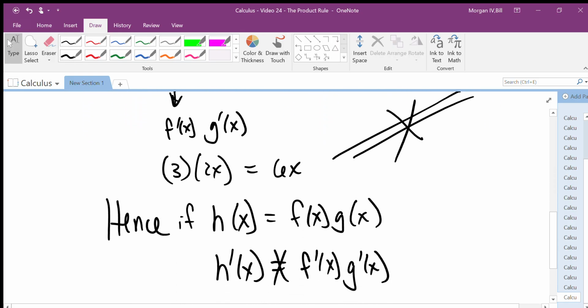So, note, if we have 2 functions multiplied together, you cannot simply take the derivative of each one and multiply them together.